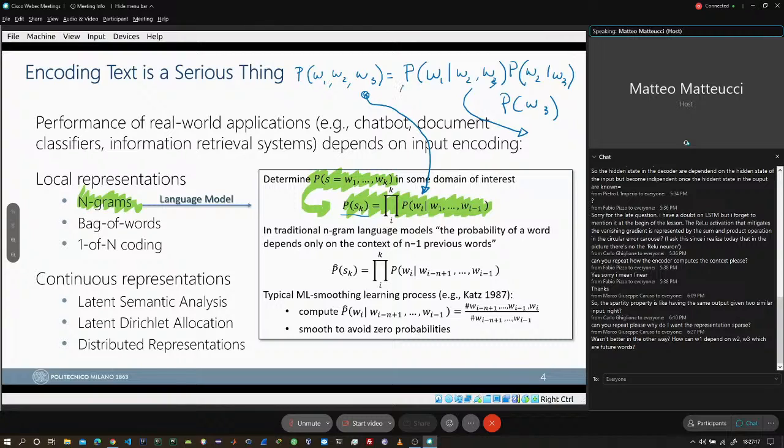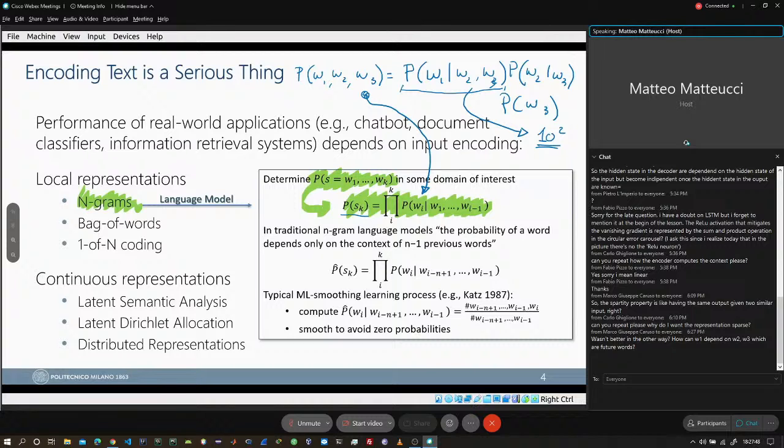This probability has 10 to the second possible values, because they are the values when we have the first word and the second, the first word and the third, and so on and so forth. So you have a complexity of the model which is exponential in how many words are in the sequence.